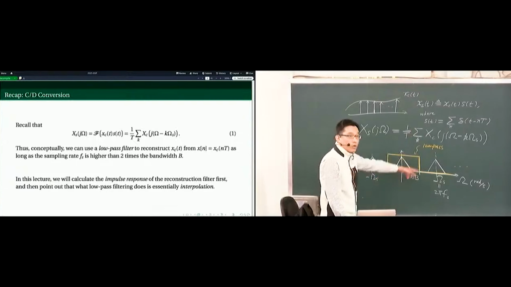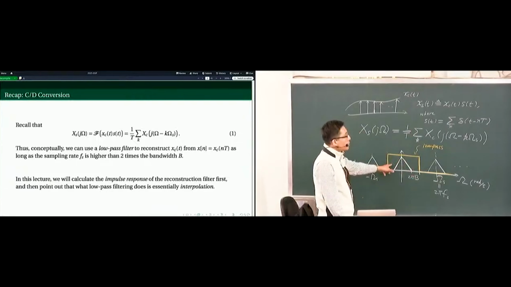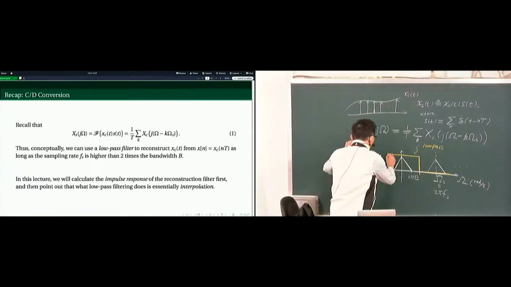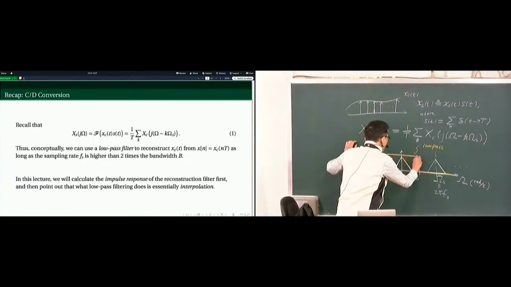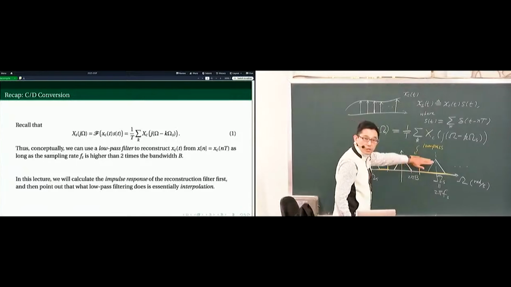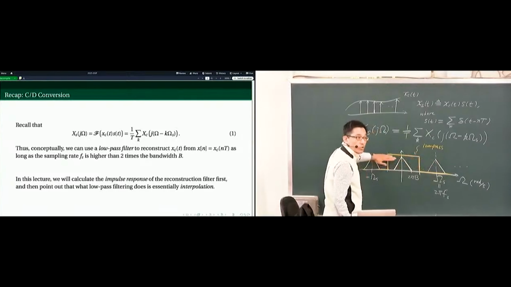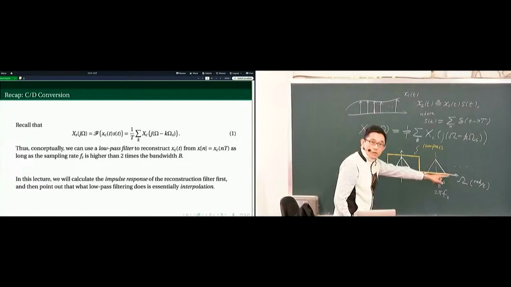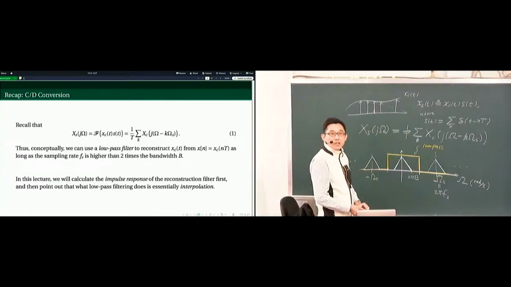So this is a low-pass filter, and we want it to introduce no spectral distortion. That is to say that the gain here needs to be constant, so that there's no distortion, while in the stop band everything is 0. So that's an ideal case, and we call this frequency response an ideal low-pass filter.